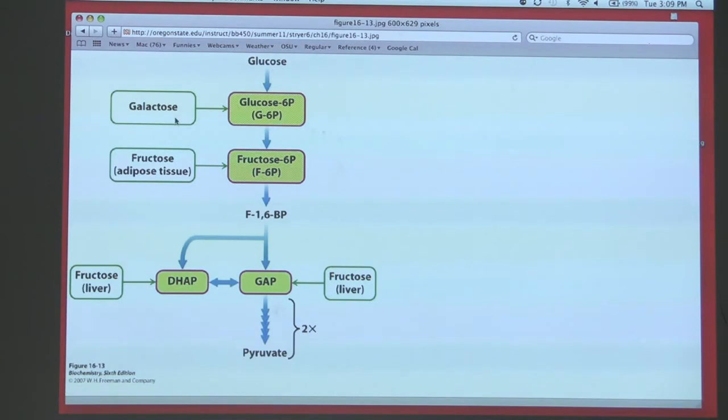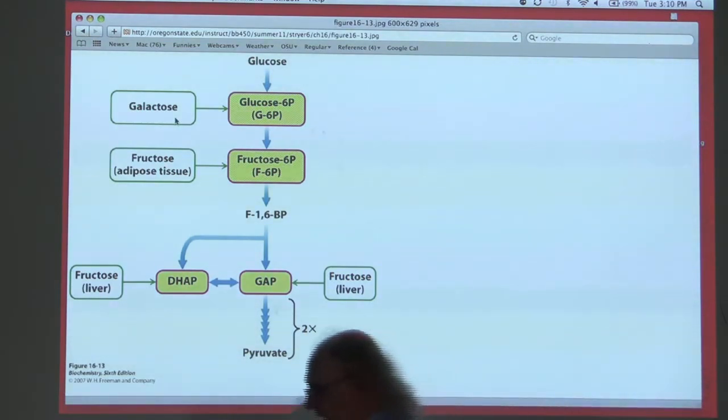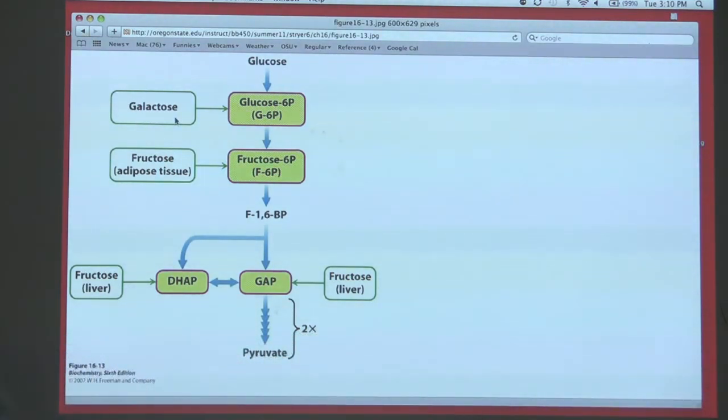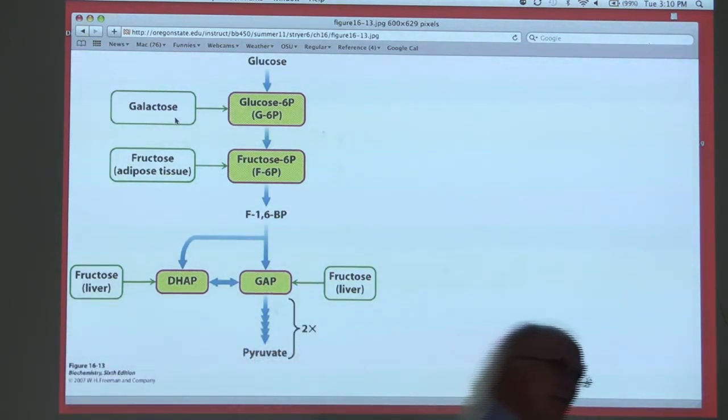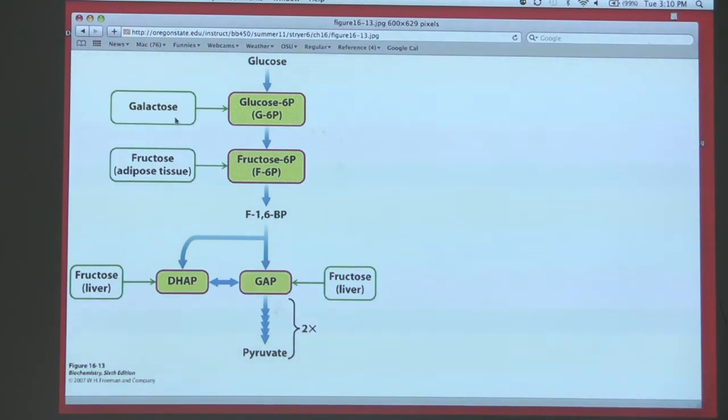I'm going to show you in a second how galactose, in fact, can be metabolized in the pathway as well. And both galactose and fructose metabolism actually are very important from a human health perspective. At least the one that's clearly established is that of galactose, and I make an argument for you in just a bit that fructose is as well.